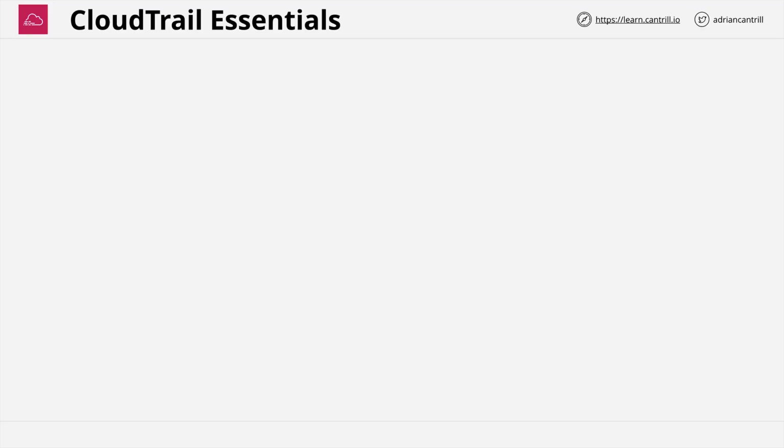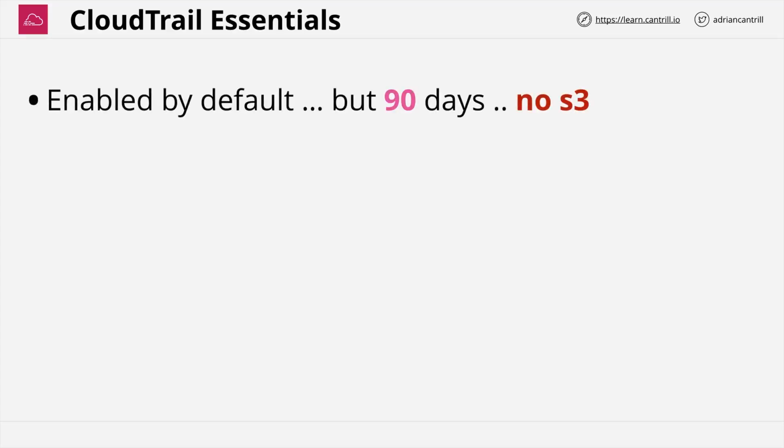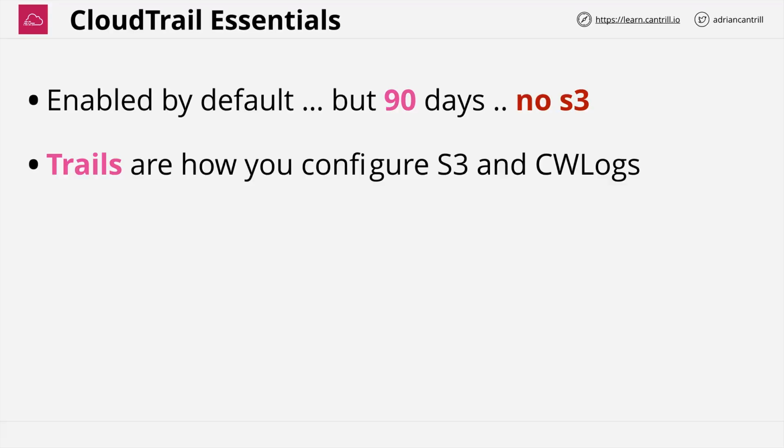So we need to talk through some important elements of CloudTrail point by point. CloudTrail is enabled by default on AWS accounts, but it's only the 90-day event history that's enabled by default. So you don't get any storage in S3 unless you configure a trail. Trails are how you can take the data that CloudTrail's got access to and store it in better places such as S3 and CloudWatch Logs.